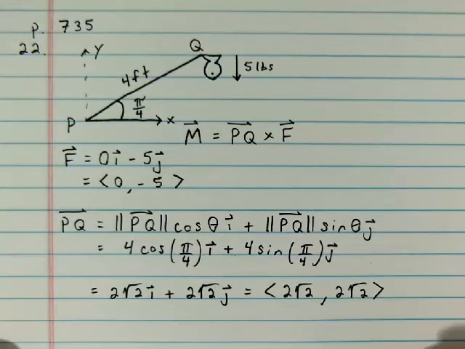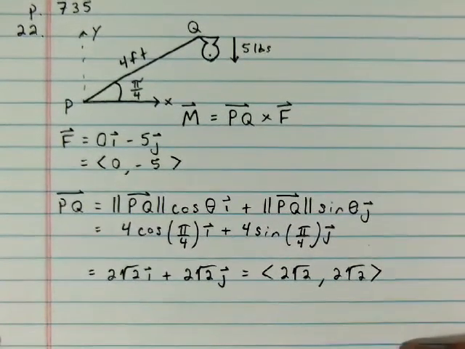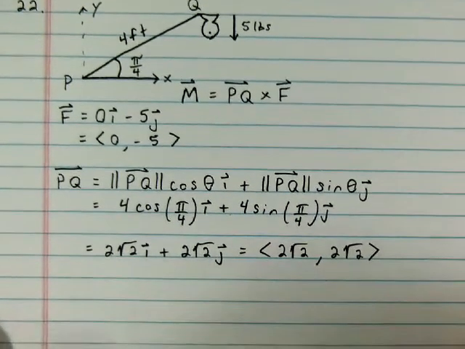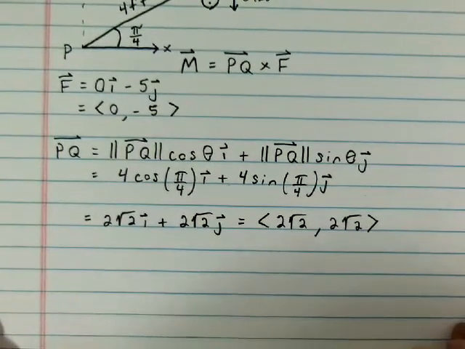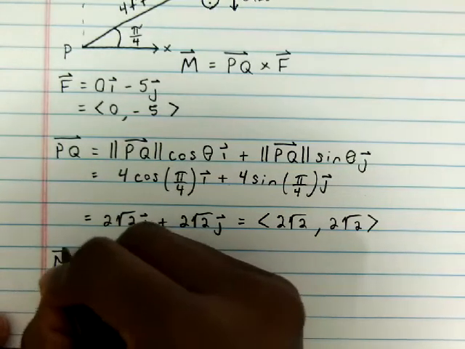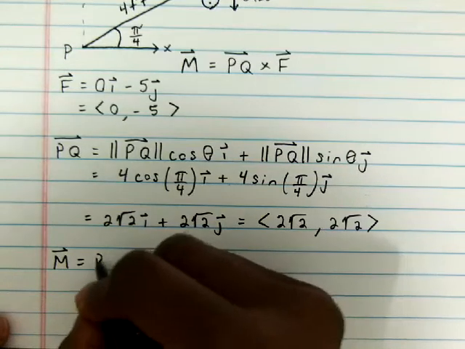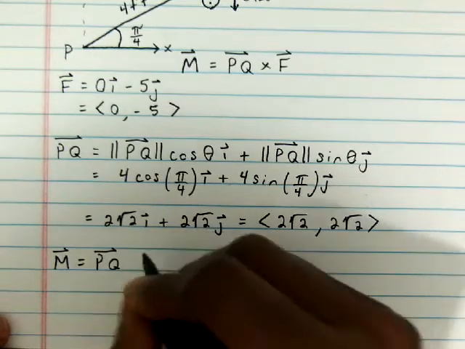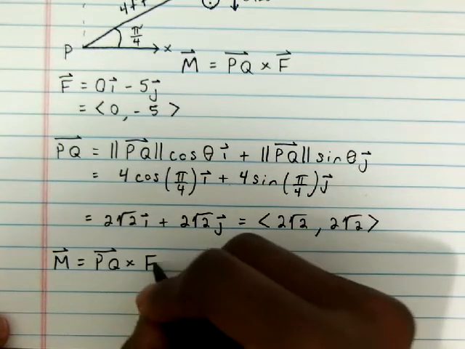Now, what we encounter here is that the cross product, when we computed it with 3-dimensional vectors, or vectors that had i, j, and k components. These, because we're working in 2 dimensions, they still have a k component. The k component is just 0. So I'm going to set this up, and I'll let you all go through and actually do the computations yourself. They'll be simpler than the other cross product computations because the k component on both of our vectors is 0.